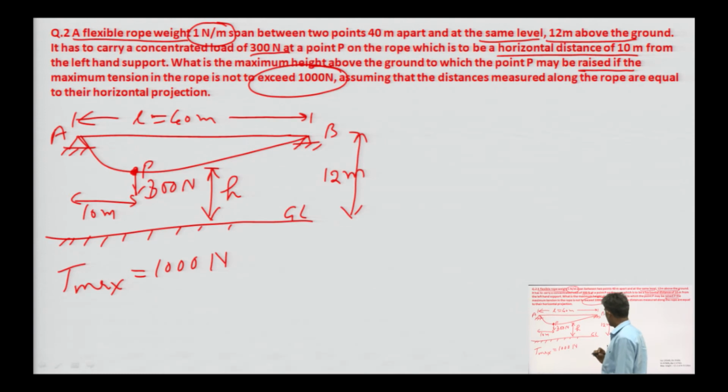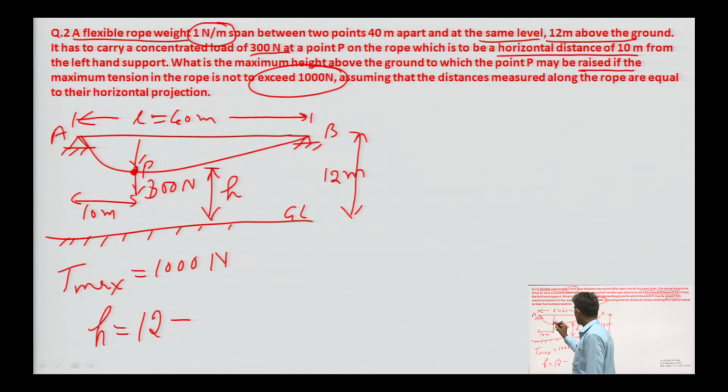How will that value be calculated? The value of h can be calculated by the difference of 12 minus this central dip.